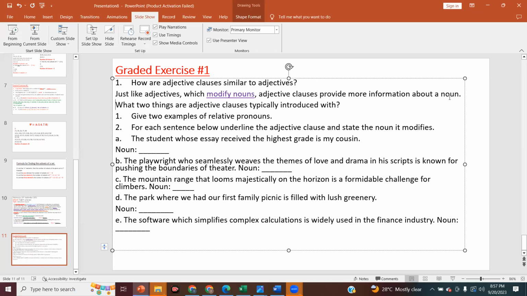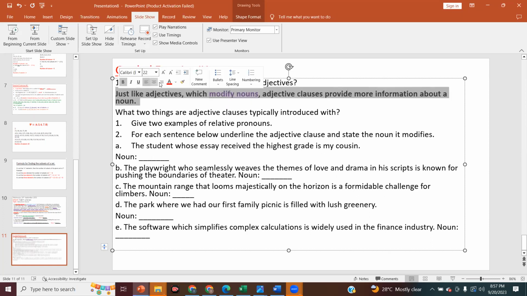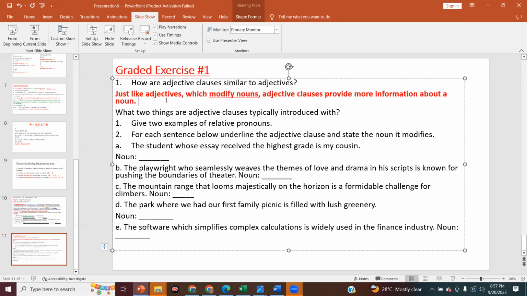Adjective clauses provide more information about the noun. So if you have something saying that it modifies a noun, it gives more information about a noun, just like an adjective, then it is correct. All right.